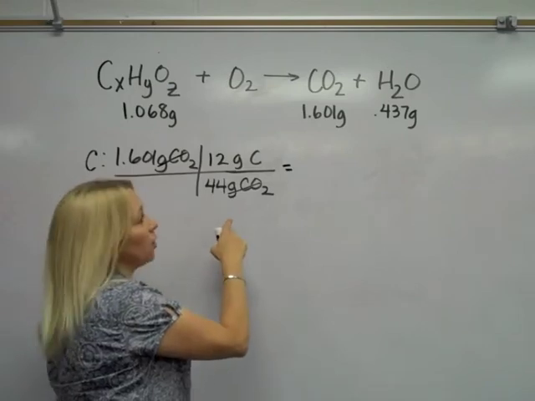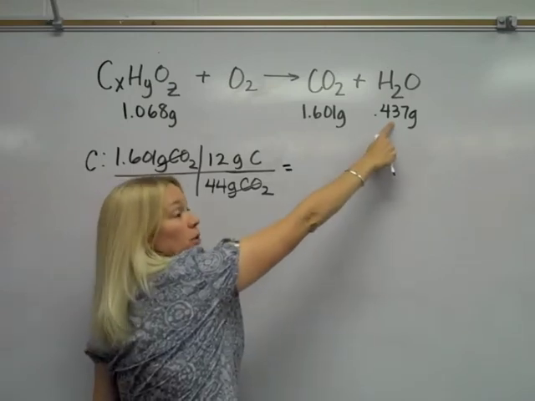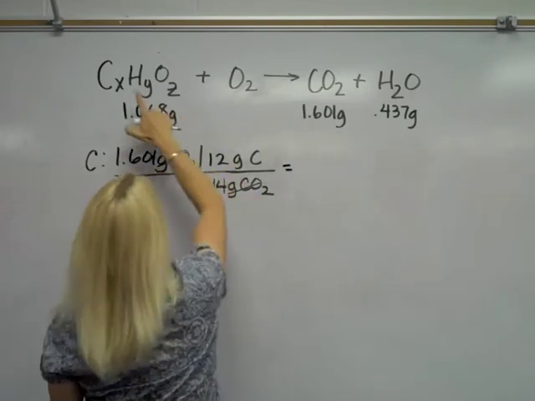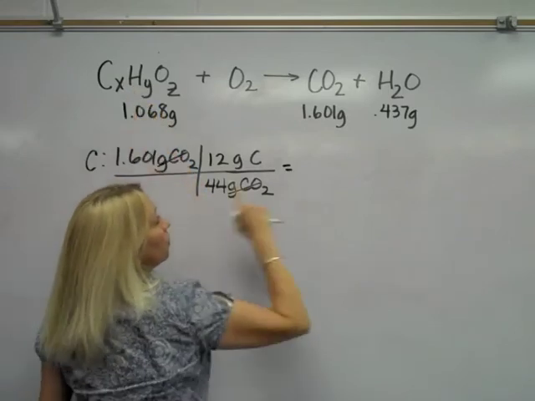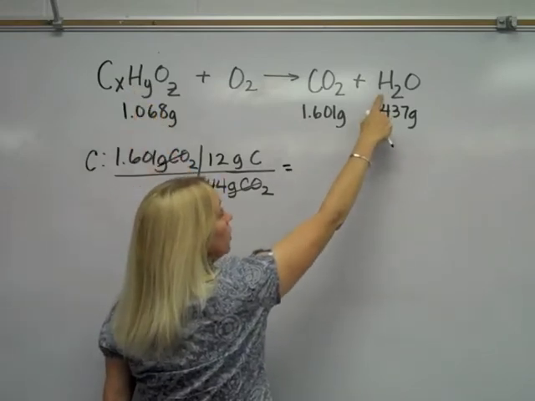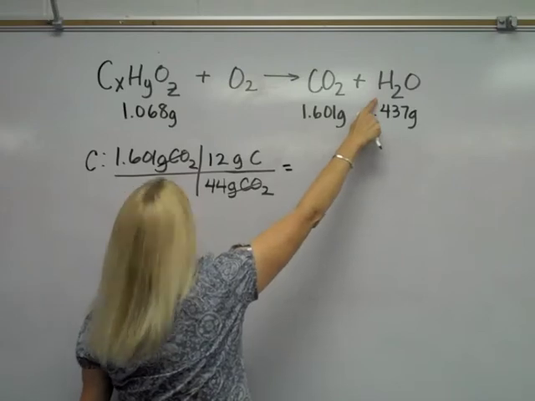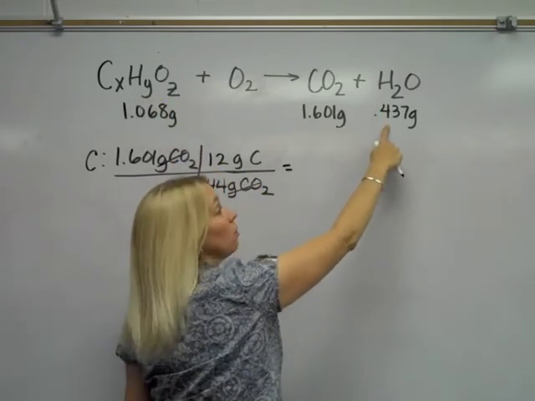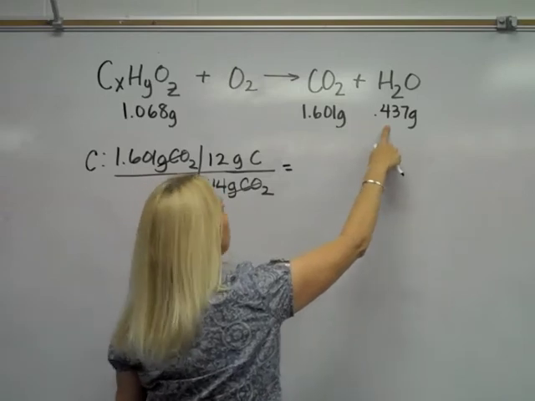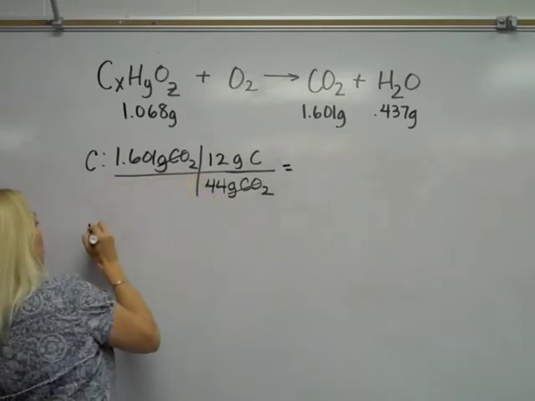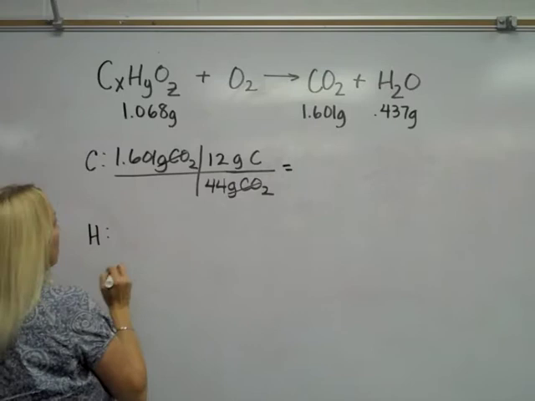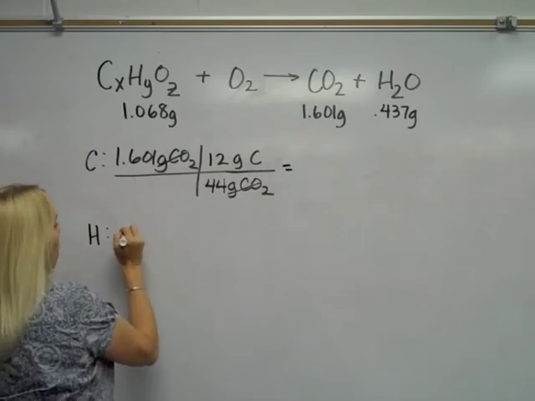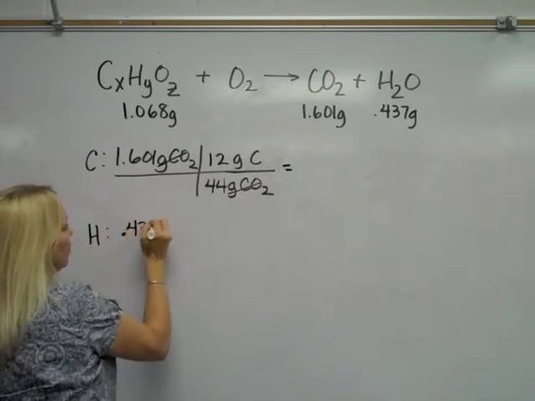Before I grab the calculator, let's do the same thing with this guy. All of the hydrogen that used to be here is now there. So we can figure out how much hydrogen was here by figuring out how much hydrogen is in the 0.437 grams of water. So let's do the hydrogen. We're going to pull the mass of the hydrogen out of there. Well, the water weighs 0.437 grams.